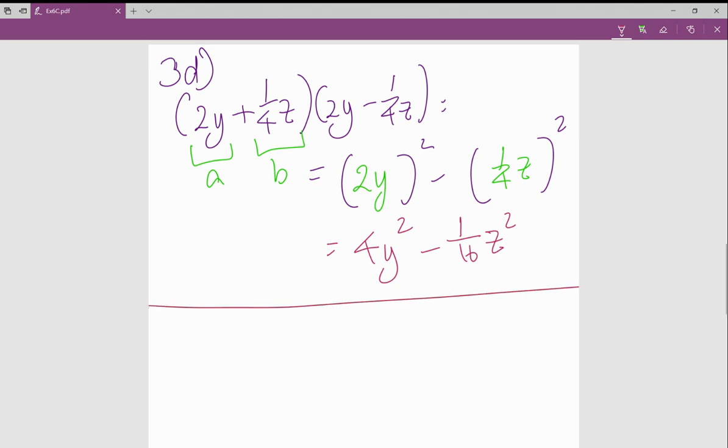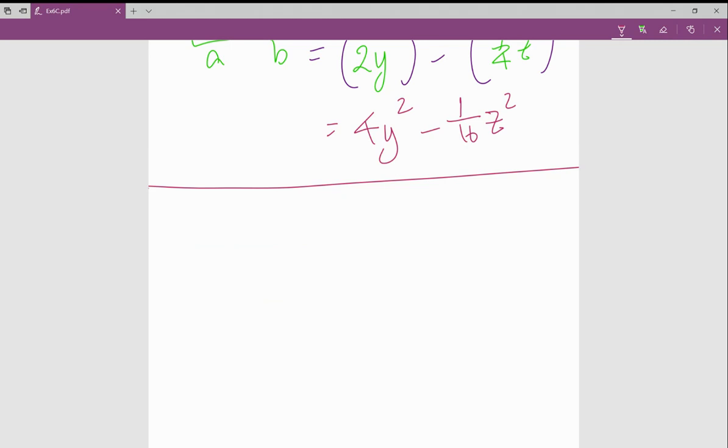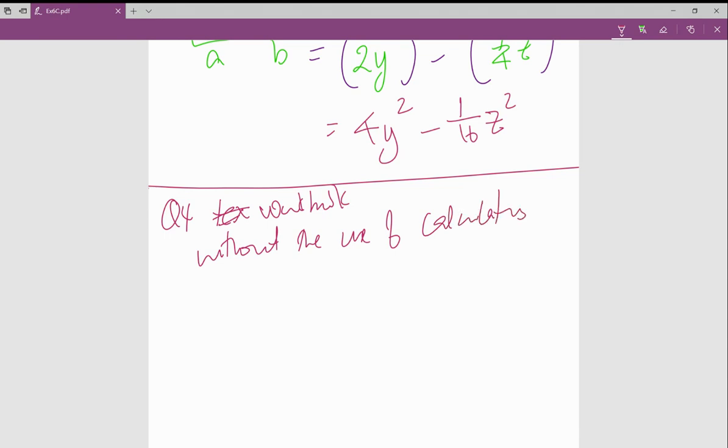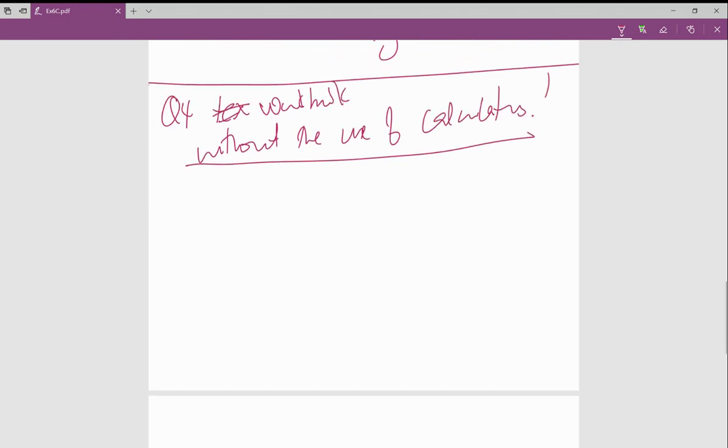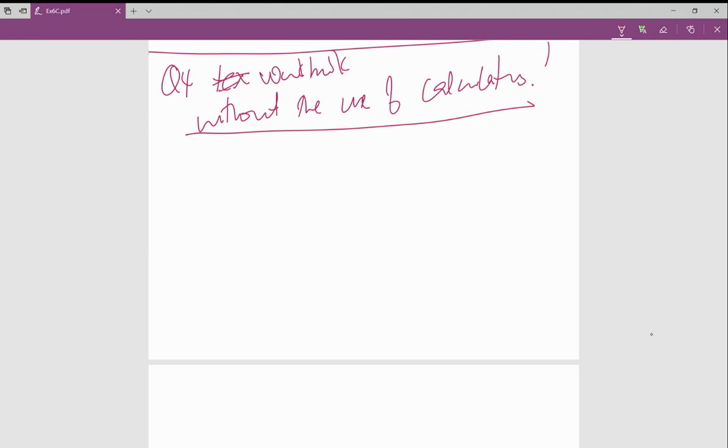Now in question 4, they have this question, without the use of calculators. That is the key. So how to do this? For example, 4a. How to find 101 squared? 101 squared is actually (100 plus 1) squared. 100 plus 1 is 101.